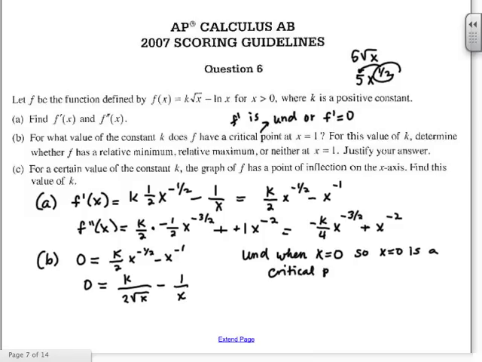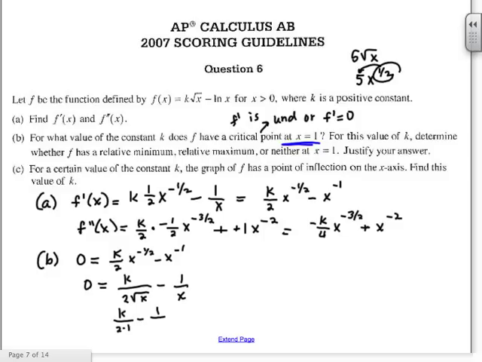Oh wait, sorry. It says at x equals 1. So I guess not when x is equal to 0. We're going to ignore that. So when x is equal to 1, go ahead and plug in x equals 1. So I get k over 2 times 1 minus 1 over 1 equals 0. So I have k over 2 minus 1, so 1 equals k over 2. So k is equal to 2.